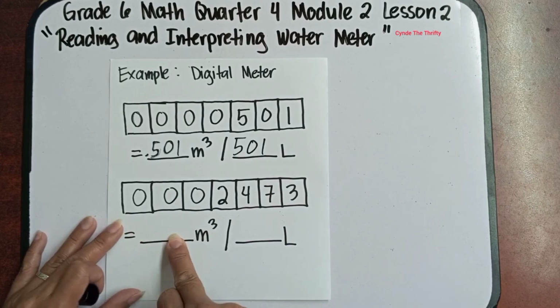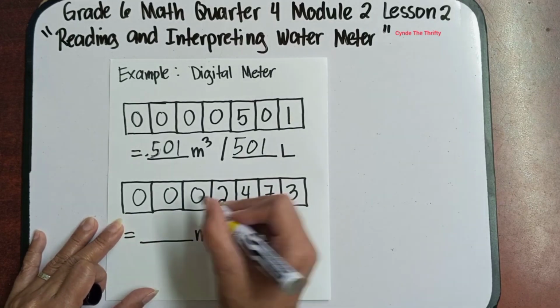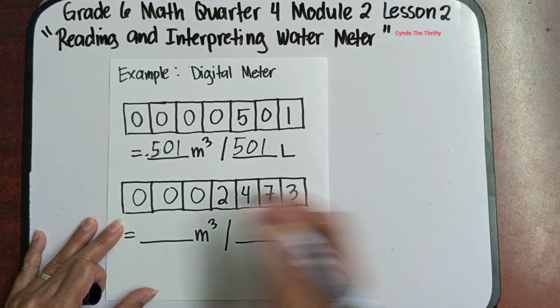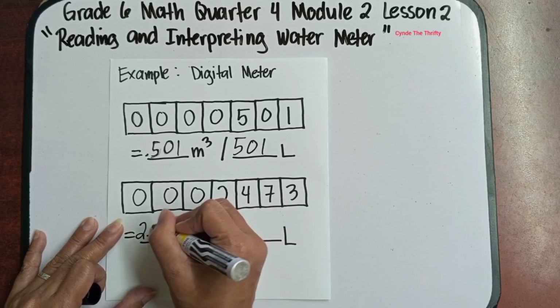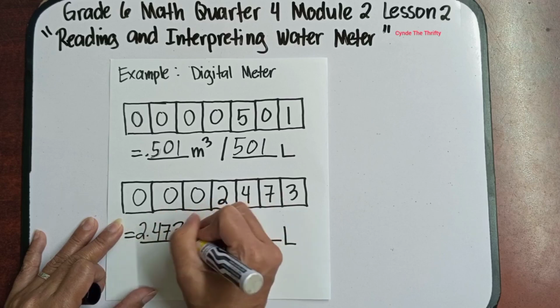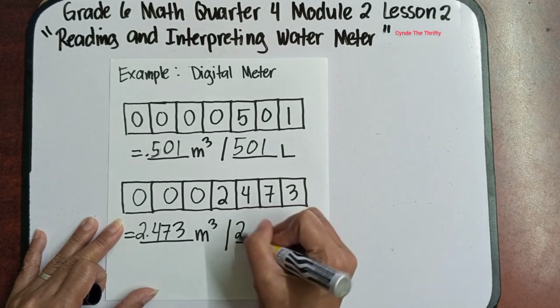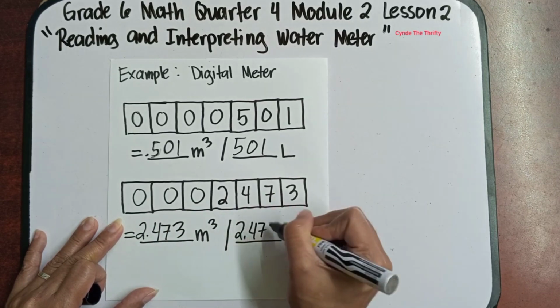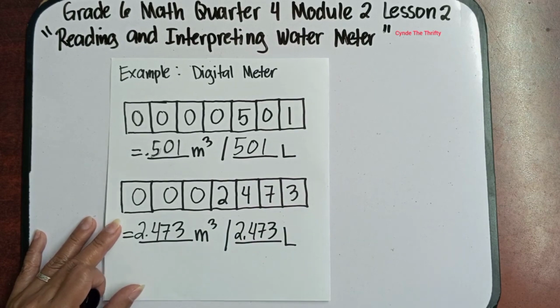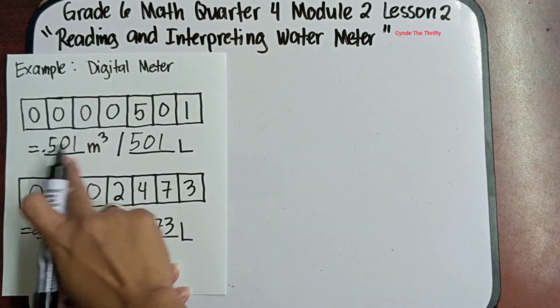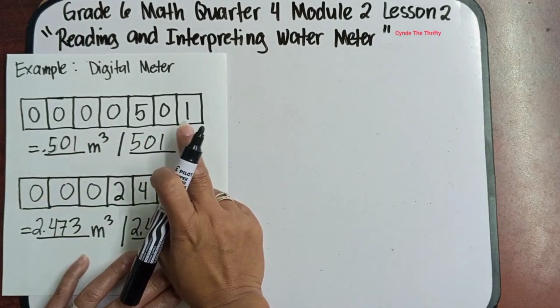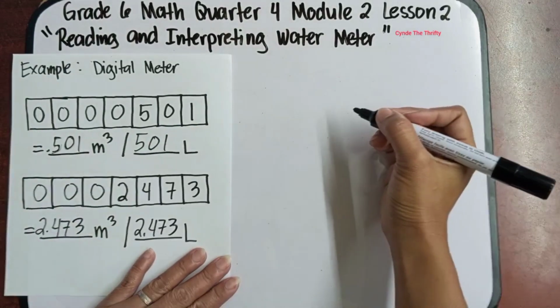So, ang example number 2 natin is 1, 2, 3. Ibig sabihin that is 2.473. Or kung sa liter natin siya ilalagay, that is 2,473 liter.